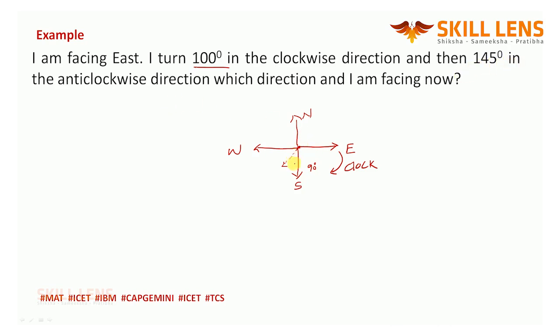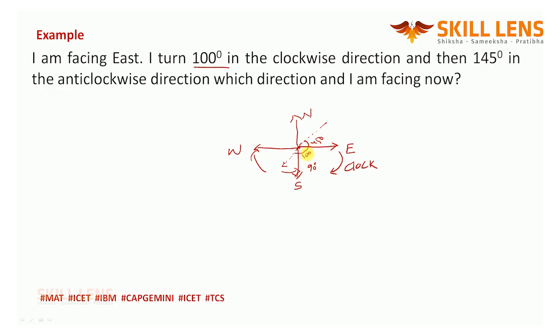From this, 145 degrees anti-clockwise. If she is moving like this, this is clockwise. Now anti-clockwise means the reverse process. So if she turned 100 degrees back, she will again face east, which means the other 45 degrees, because this is anti-clockwise.